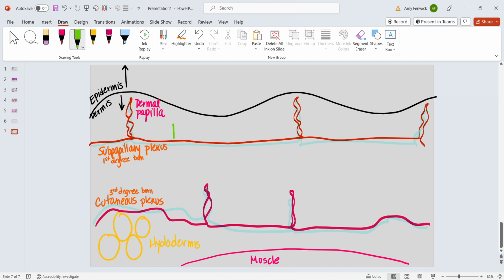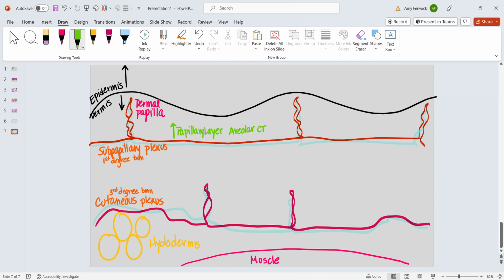And so the dermis itself is divided into what's called the papillary layer, which is only about 20% of the dermis. So I guess I didn't draw the proportion that great here. But the papillary layer is full of areolar tissue. And remember, the papillary layer is a sublayer of the dermis.